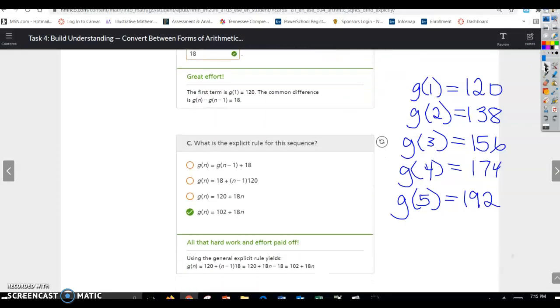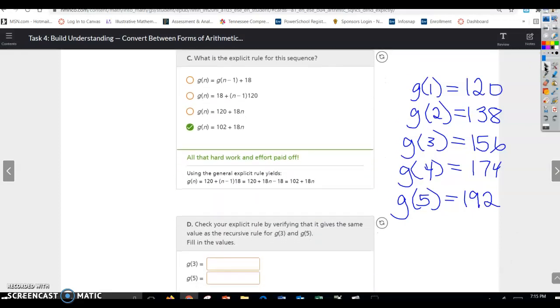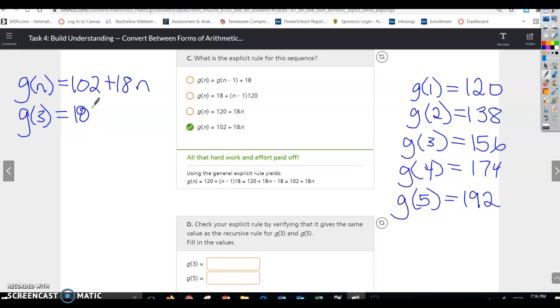And it says write an explicit rule. So here's my explicit rule given here. So we've got G of n equals 102 plus 18n. So we want to know G of 3 and G of 5. So we can plug in 3. So 102 plus 18 times 3.